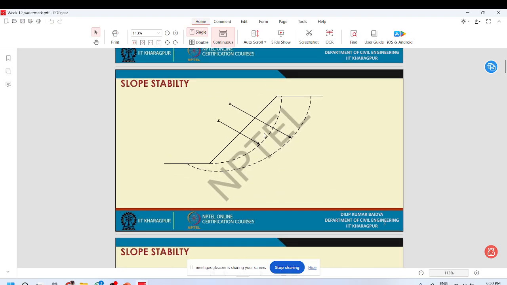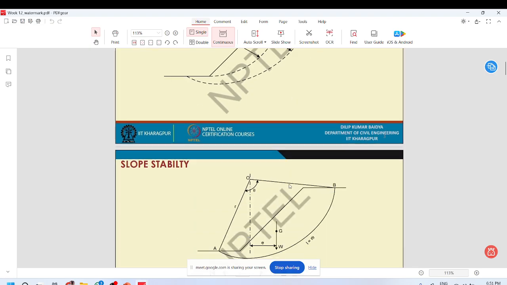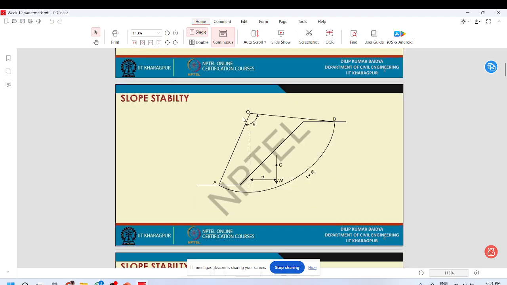So we can have a toe failure, or we can have a base failure, something like this. And as I said, what we need is the radius and the center.